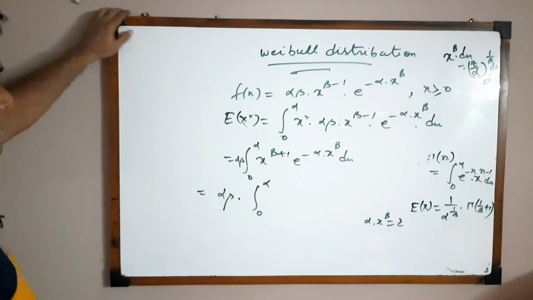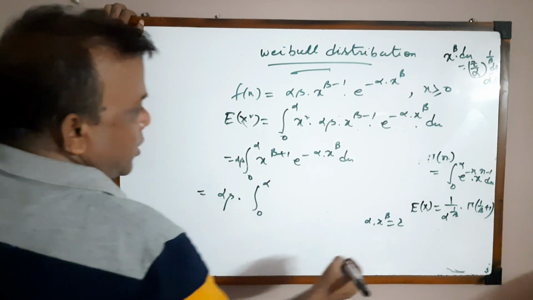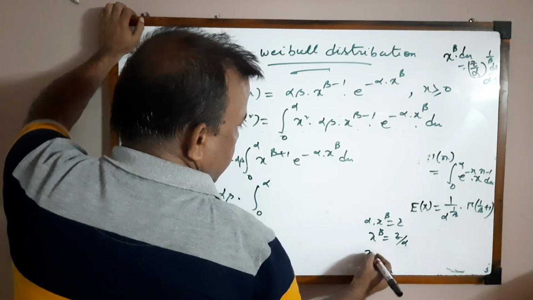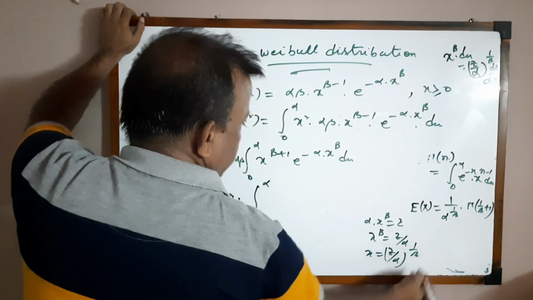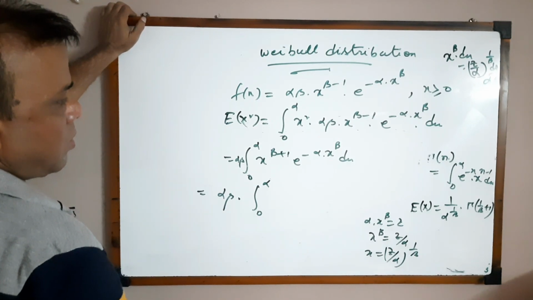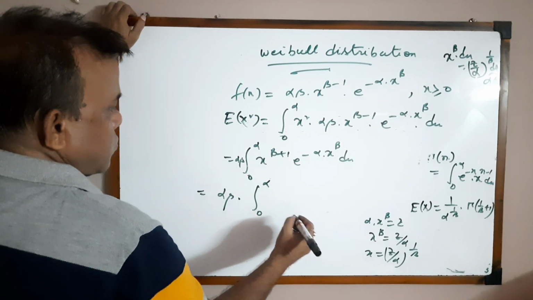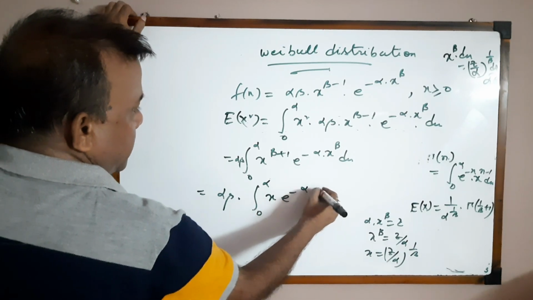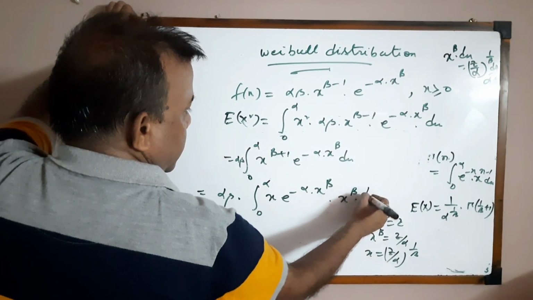Okay? Therefore, x to the power beta equals z by alpha, x equal to z by alpha whole to the power 1 by beta. Therefore, x into e to the power minus alpha x to the power beta into x to the power beta dx.